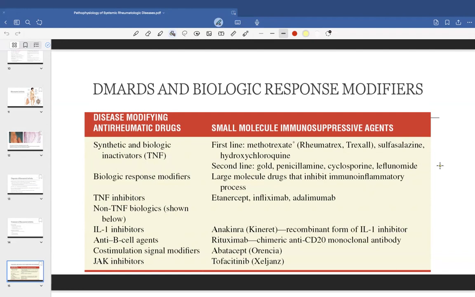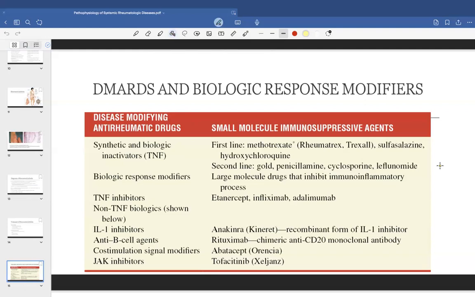However, look at your other drugs and your other DMARDs. You have biologic response modifiers, you have tumor necrosis factor inhibitors. These are the big ones that are being used now. And you have IL-1 inhibitors a little further down the road. They're targeting very specific parts of the inflammation.